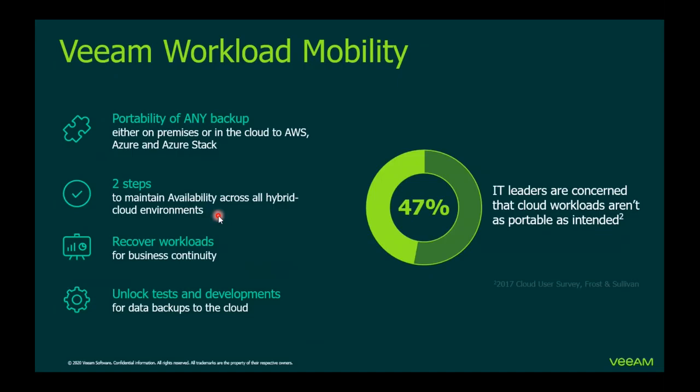Because for an organization, as I mentioned in the beginning, data becomes a challenge for an organization. So with Veeam, we give you portability of any backup on AWS or Azure.